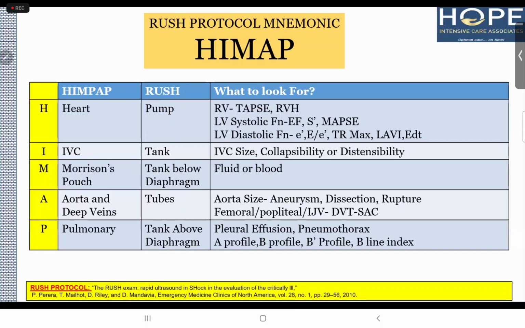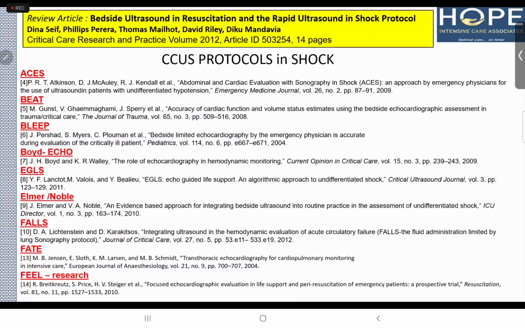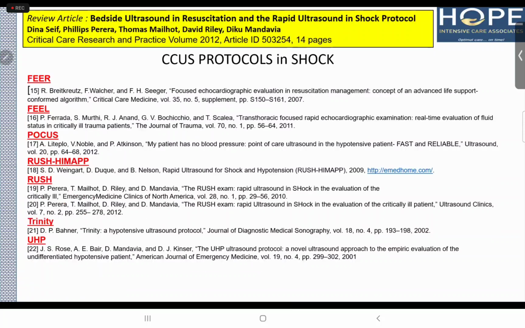Multiple such protocols are published right from 2009 to currently. You can have multiple short forms designed by multiple authors, like FALLS, FEER, FOCUS, this RUSH. So we have discussed the FAST crash protocol and the RUSH protocol and this HIMAP mnemonic from it.